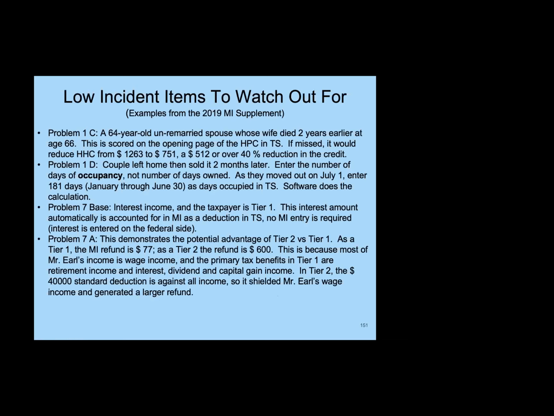But the reason I'm asking you to do these: on number 1C, it was a 64-year-old unremarried spouse whose wife died 2 years earlier at age 66. So in the opening page of the homestead property tax credit in TaxSlayer, they ask, do you have a deceased spouse that was 66 or older when he or she died?